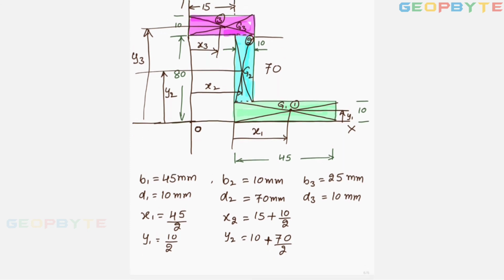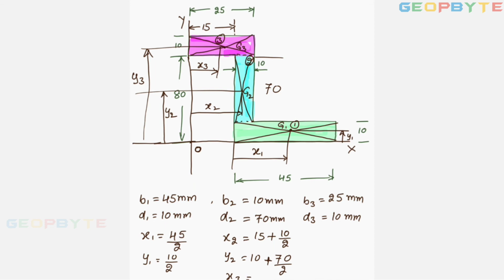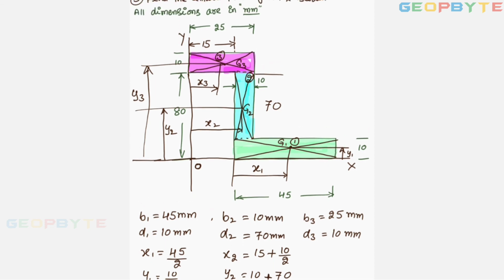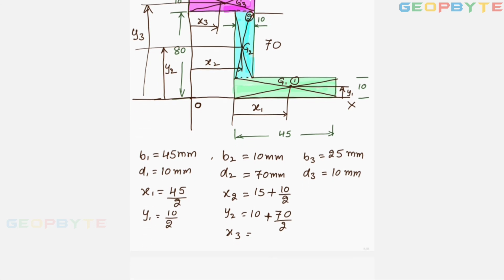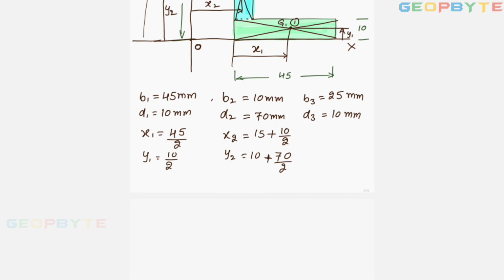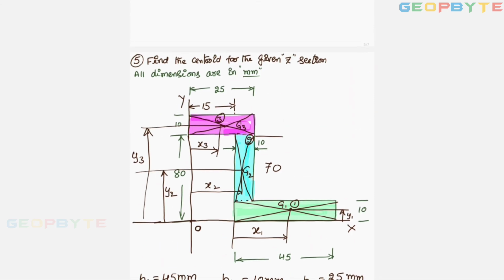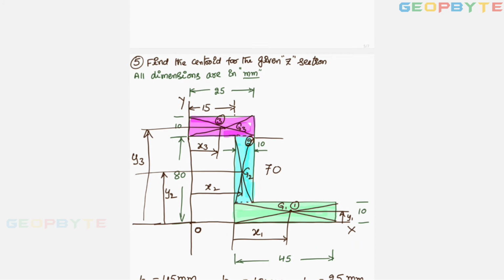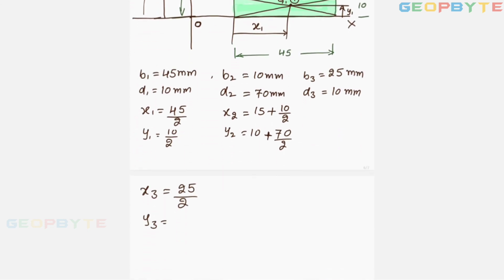So look at the x3. x3 equal to 25 by 2, half of the 25. y3 equal to 80, up to here it is 80, 80 plus 10 by 2.